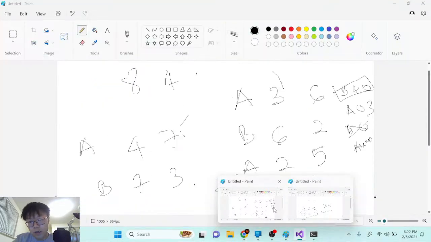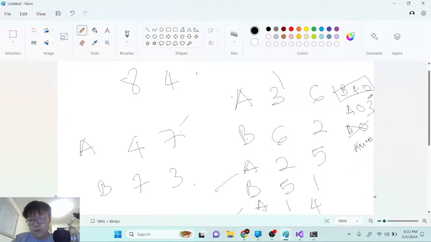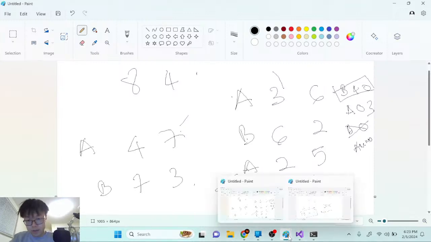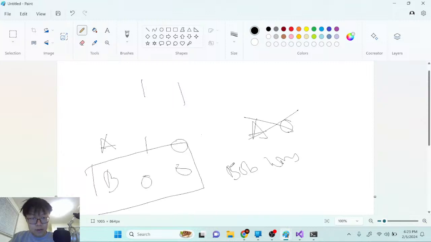If it's already 0, so let's say we already hit 0. Bob's turn. If it's already 0 and we hit 0 already, Bob wins. End of Bob's turn, it hits 0. Bob wins.